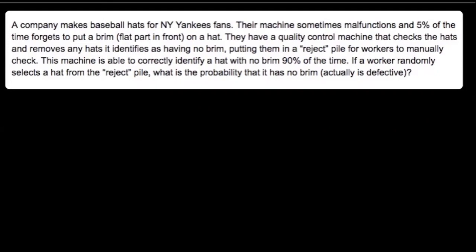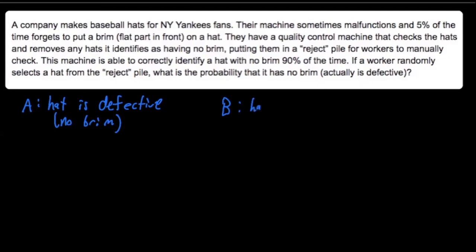For this problem, we're going to create a tree diagram to help us answer this question. Here, the question being asked actually has two events. We could call event A the event that the hat is defective, in other words, the event that we have a no brim hat. And B is the event that the hat is separated into the reject pile.